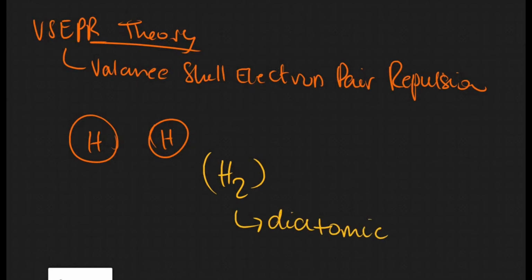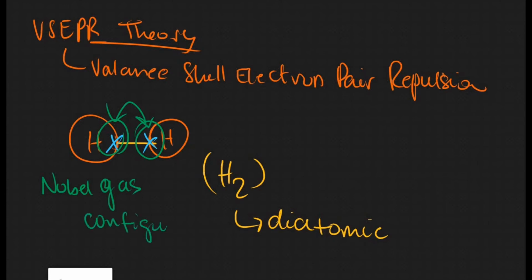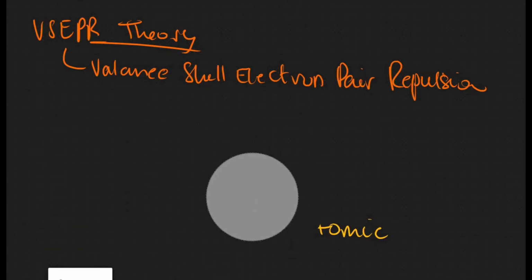In this molecule, each hydrogen has one valence electron, and thus in a covalent bond between two hydrogen atoms, they share their electrons with each other in order to achieve the noble gas electronic configuration.